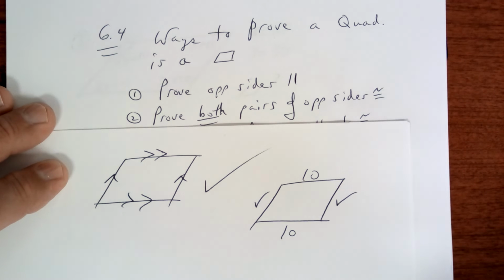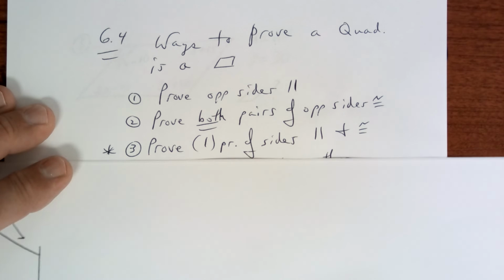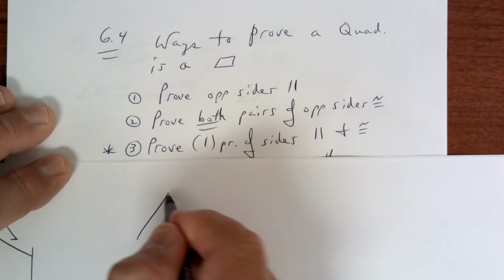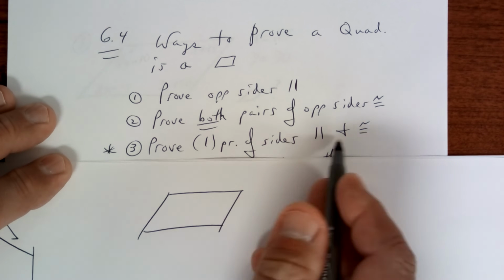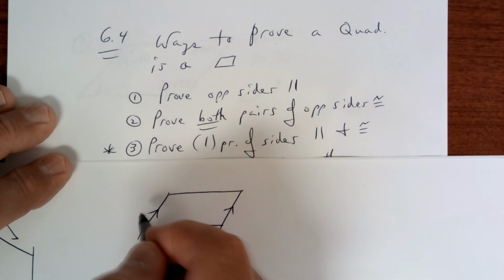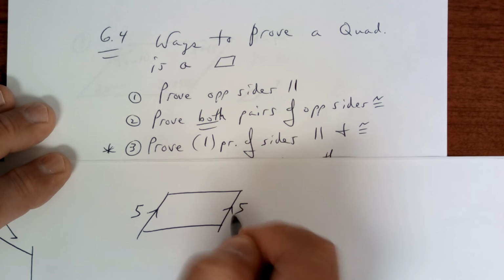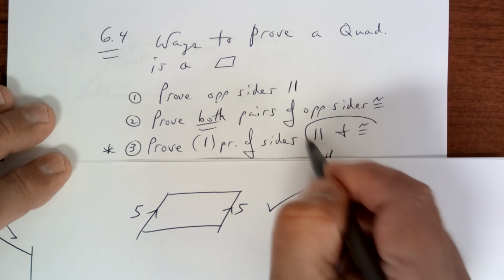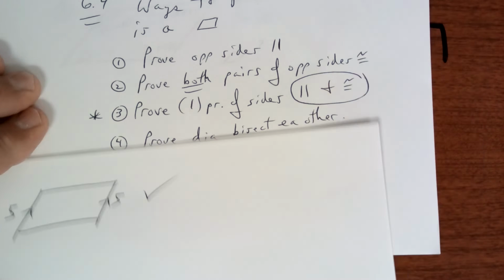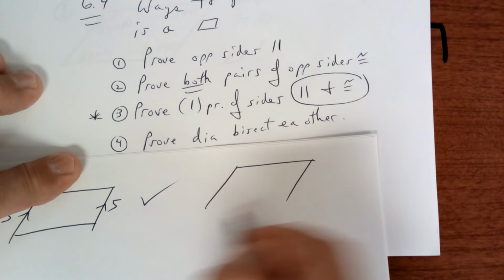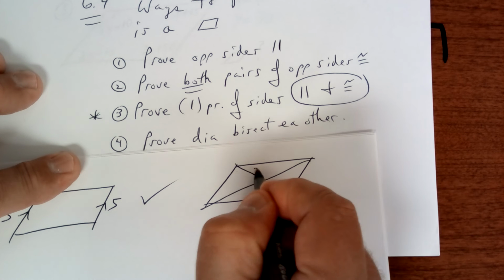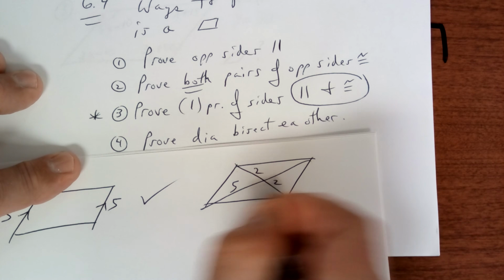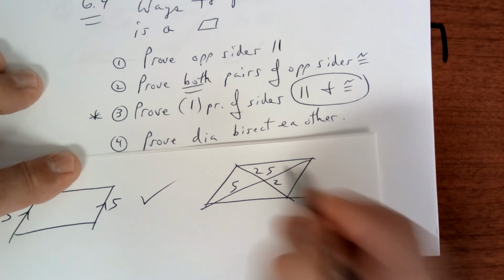a parallelogram. If you can show that one pair of opposite sides is both parallel and congruent, then it is a parallelogram. So one pair parallel and congruent. If you can prove that the diagonals bisect each other, so if this one is 2 and this one is 5, then yes, it would be a parallelogram.